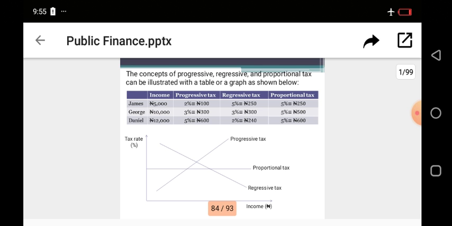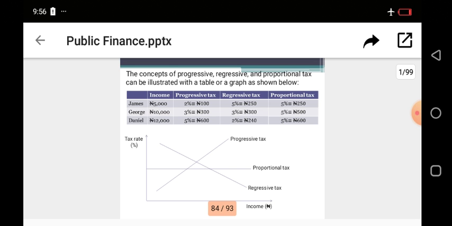So this is a good example that illustrates the differences between your tax forms. I have the names of our three people there. We have James, George, and Daniel. Now look at their income from 5,000 to 10,000 to 12,000. For progressive, as their income increases, the tax rate increases, from 2% to 3% to 5%.